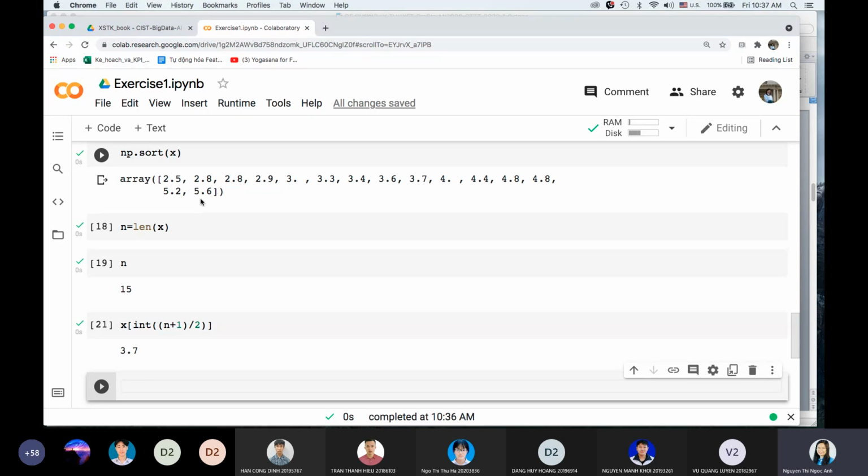We call that the 10% trimmed data. However, how do we know what the 10% is? We have the function quantile of x, 0.1.